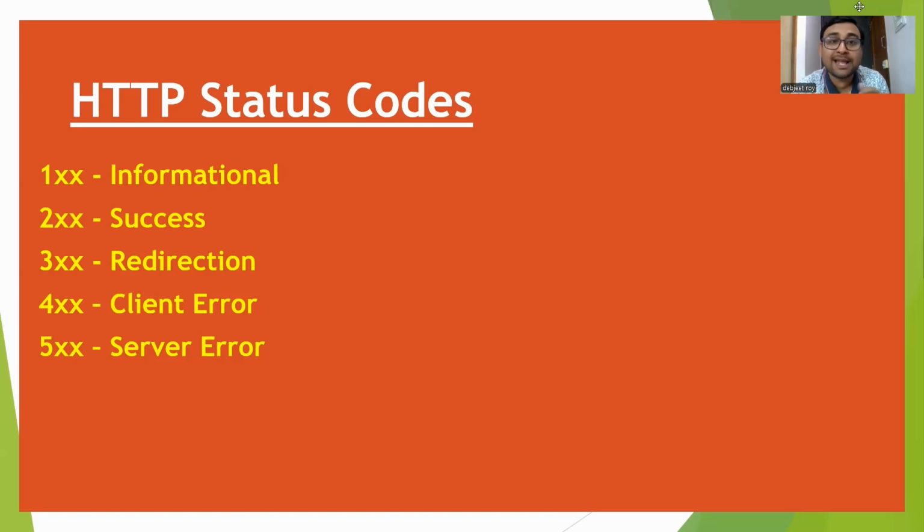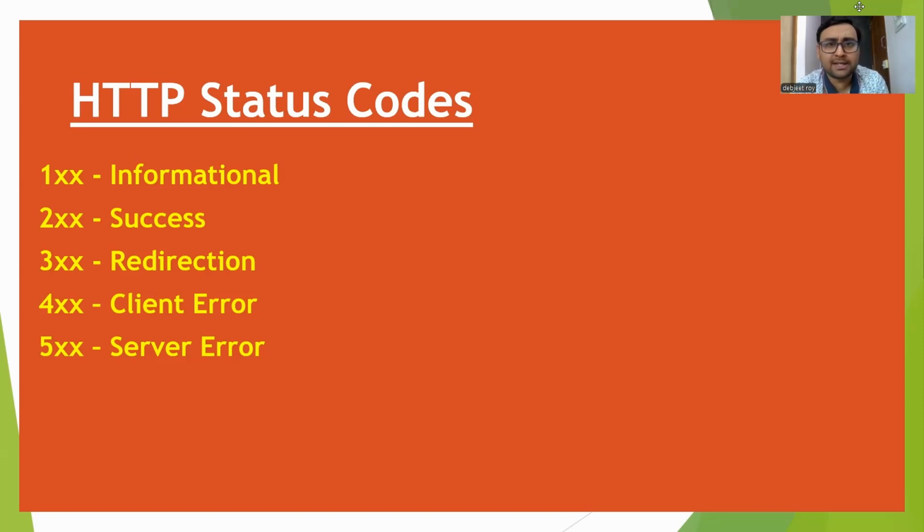Then in that scenario, a client error will come, because the URL you are typing is not mapped with the controller methods or the mapping methods. So a client error will come like URL not found. It is one of the examples.